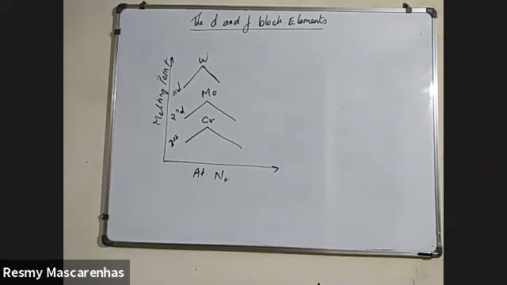So first I will give you the answer, take down. First transition series electrons are filled in only d orbitals. This everyone knows, that in the first transition series only d orbitals are available.